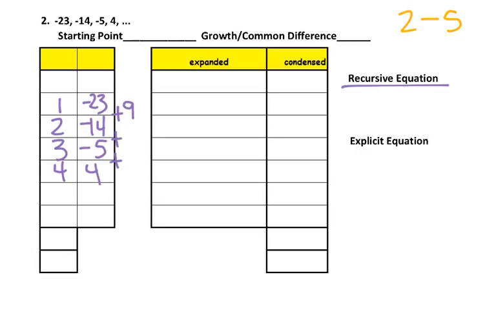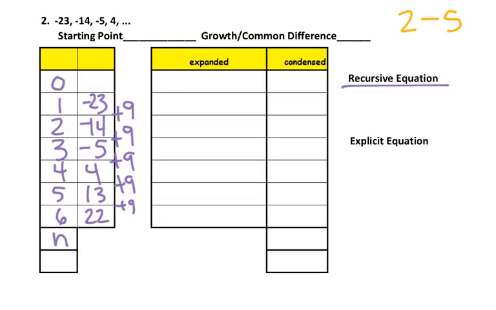If you weren't sure, just go negative 14 minus negative 23, you'd get a positive 9. That would give us negative 5. 4, adding 9 here, would give us 13, and 13 plus 9 would give us 22 for our fifth and sixth term.